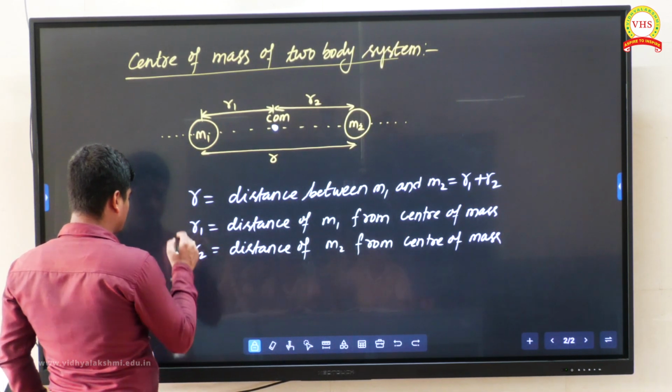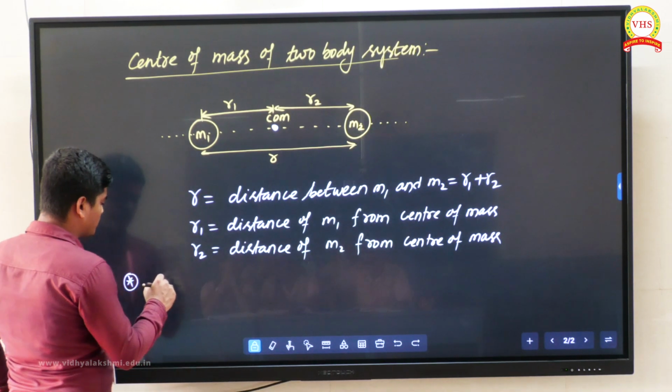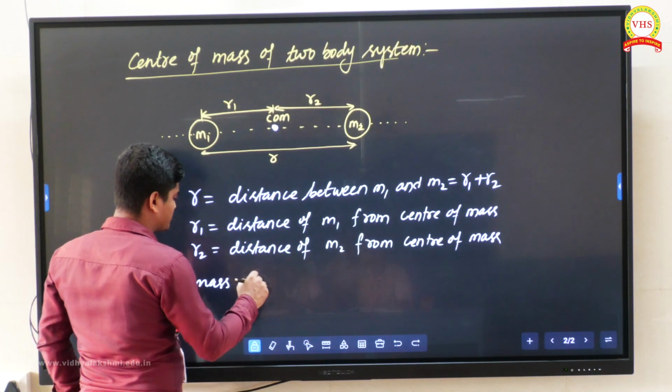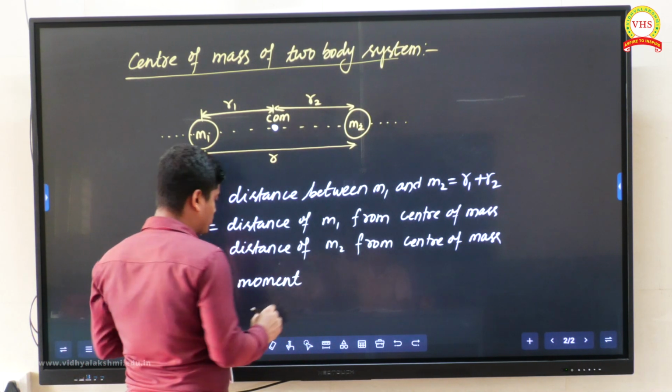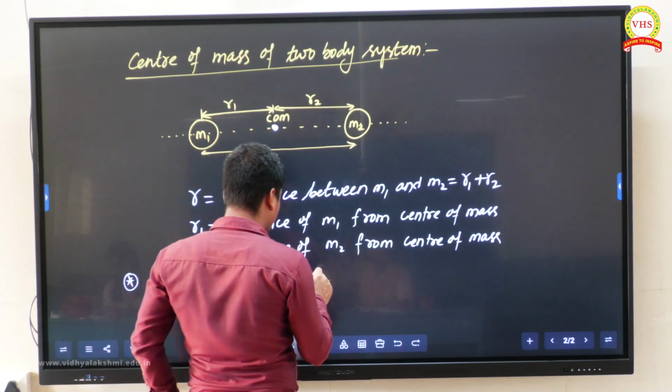Now, next, one point to remember: the mass moment. Mass moment means the product of mass and distance.